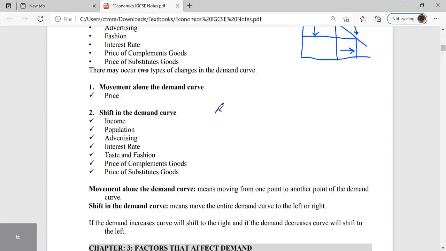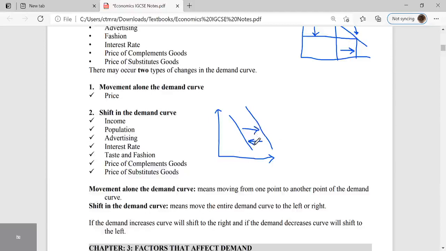There can be a shift to the right or a shift to the left. If the demand curve shifts to the right, it means demand is increasing, and if it shifts to the left, it means demand is falling.